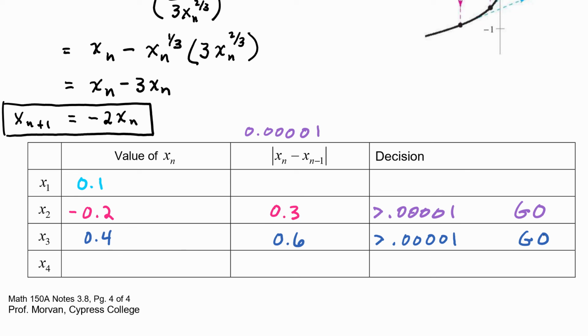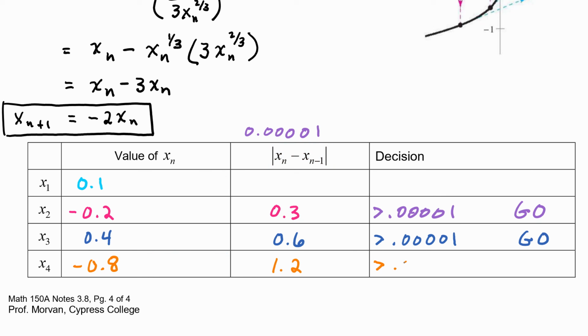And it's important to notice that not only is 0.6 too big for our accuracy, it's even bigger than the error that we had in the previous step. So now, if we calculate x4, we have to take x3, which is 0.4, multiply it times -2, and get negative 0.8. Subtracting, we have negative 0.8 minus 0.4. Well, that's going to be a negative 1.2. Take the absolute value, positive 1.2.